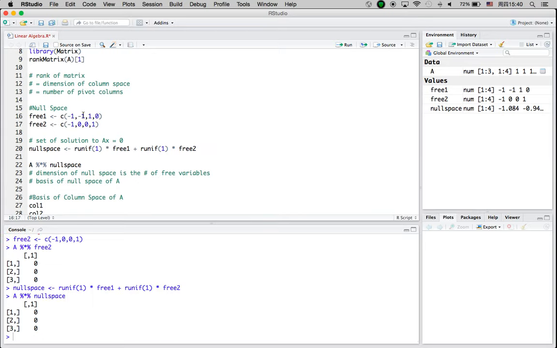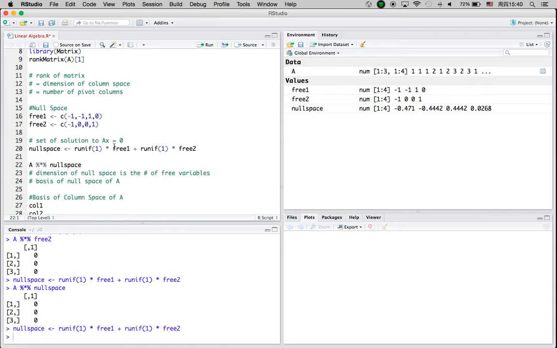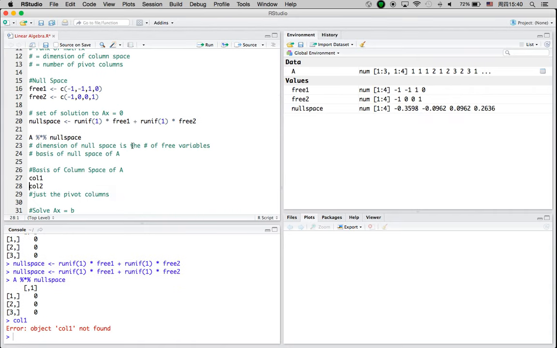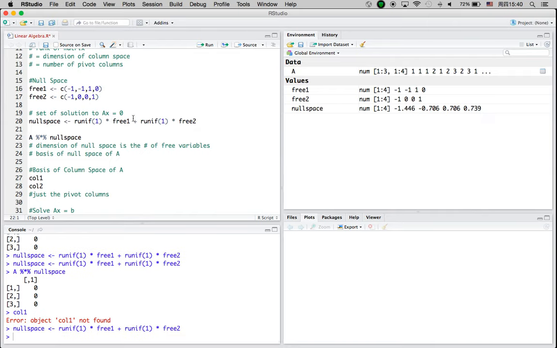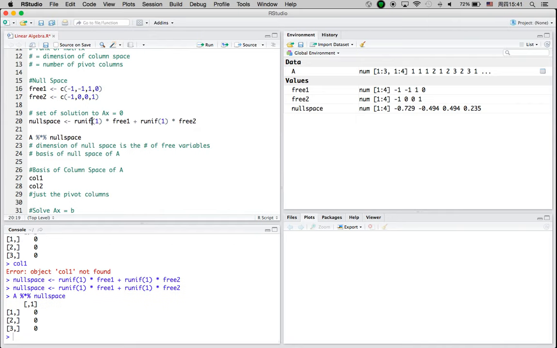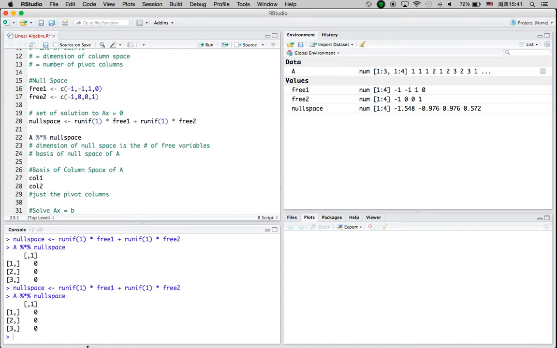Now let's run it. As you will notice, every time I run the runif, the null space is changing. I get another set, and I still get a 0. I get another linear combination, multiply by A again, and still get 0.